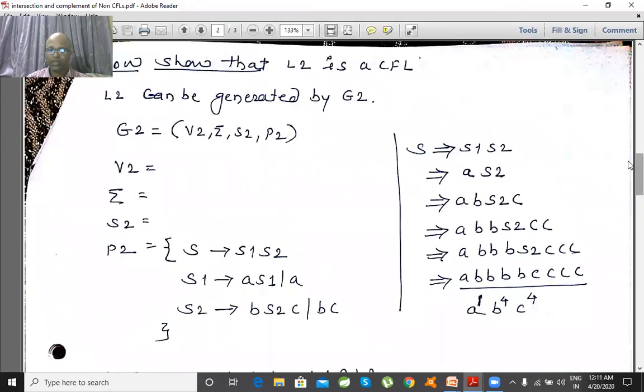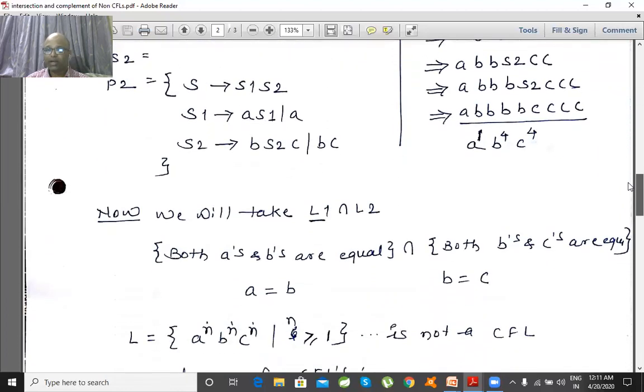Here b and c are common, so S1 produces all the a's, a single a or multiple a's, and S2 makes sure that if I see a single b, I see a single corresponding c. That is how we make sure that b and c remain the same, and this goes in recursive format. So if you can write a context-free grammar, that language is a context-free language by definition.